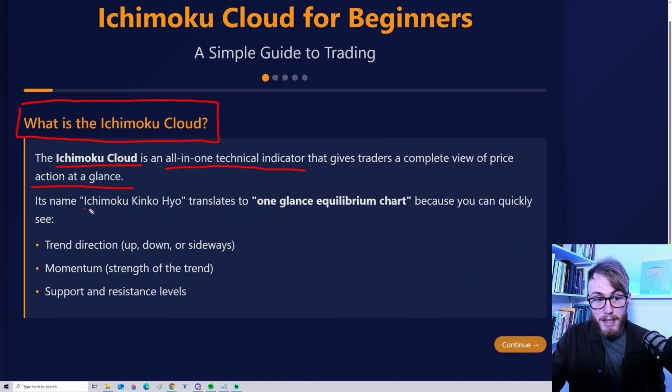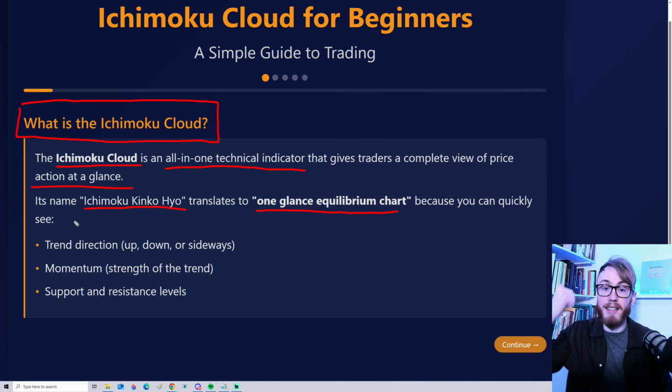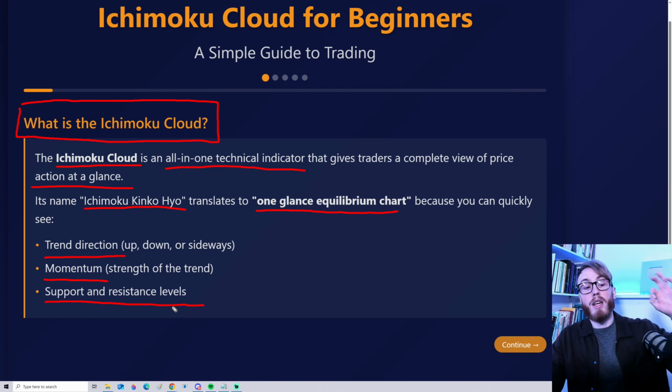And its name, Ichimoku Kinko Hyo, I'm probably mispronouncing it, basically translates to one glance equilibrium chart. So this is where the name comes from. The reason for this is that this indicator shows you three things you can see right away. First of all, you can see the trend direction. Secondly, you can see the momentum. And thirdly, this indicator also shows support and resistance levels.